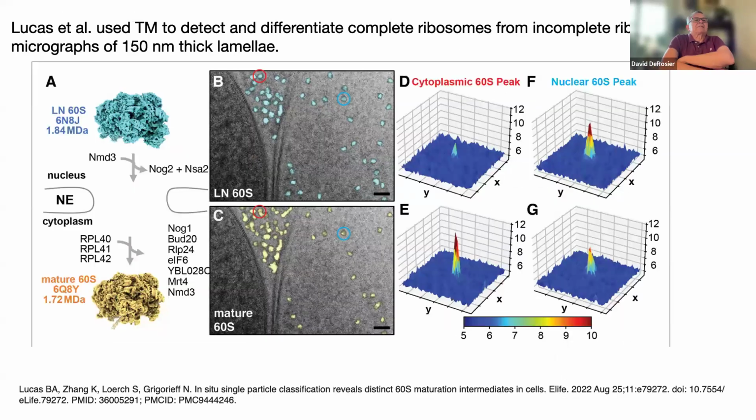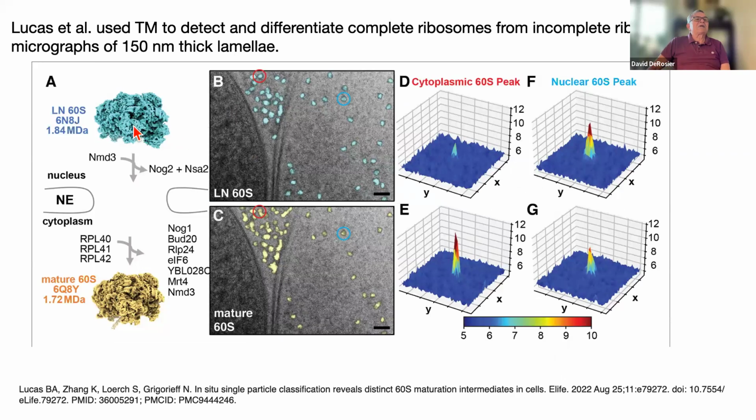This has been picked up by others, and here is an example by Bronwyn Lucas, who I think spoke here a while back, along with Nigro Grigoriev and their collaborators, and used to detect and differentiate incomplete from complete ribosomes. The incomplete ones, of course, will be in the nucleus, and the complete ones will be out here.